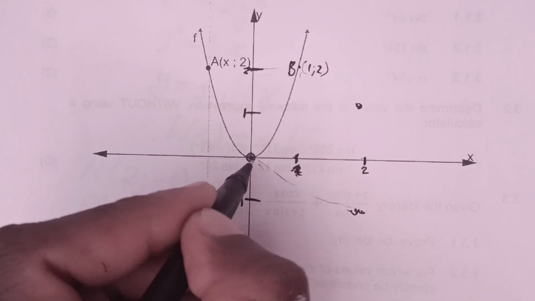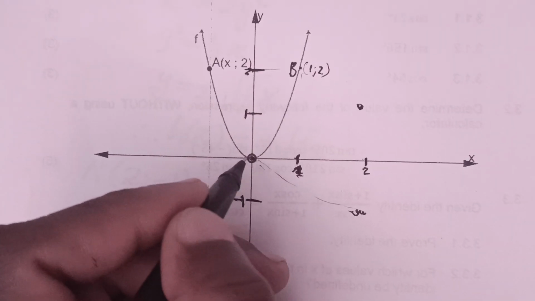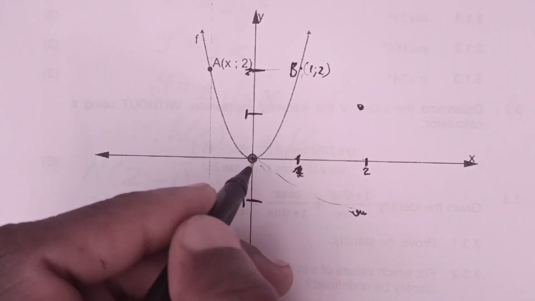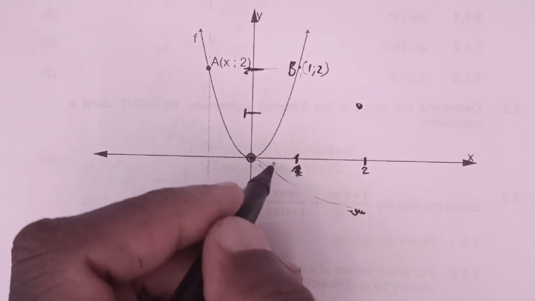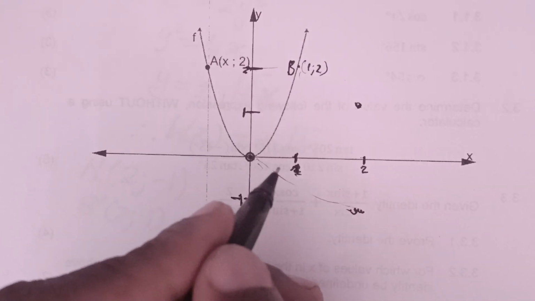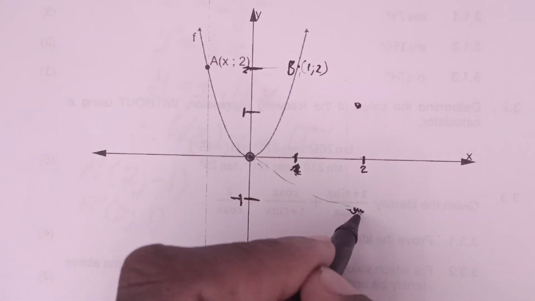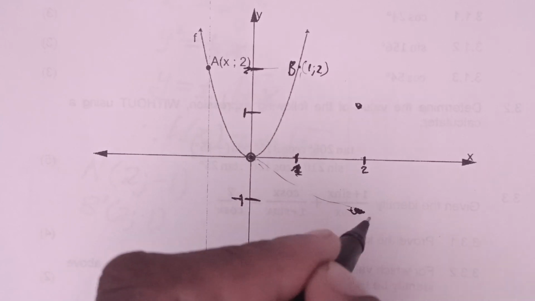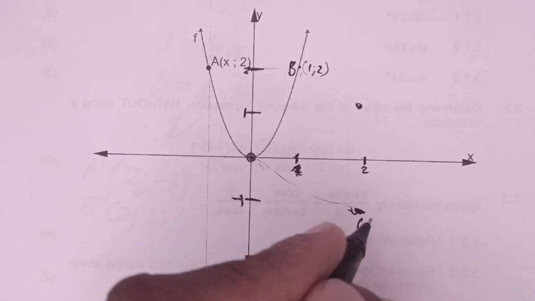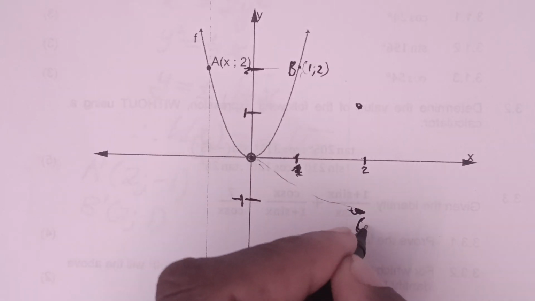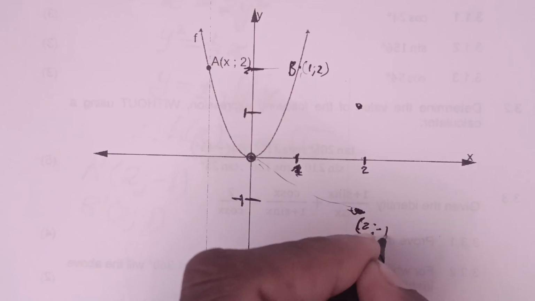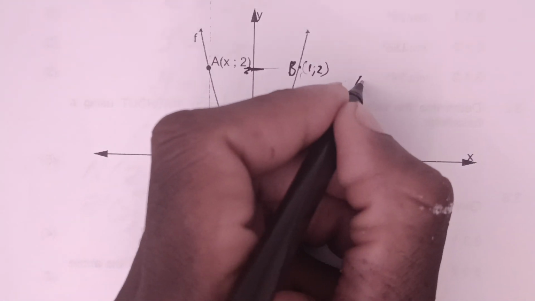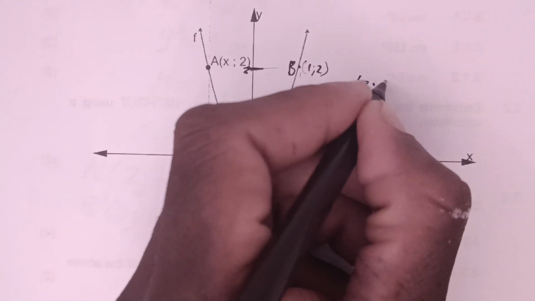Of course, the origin is going to be there because whatever was x becomes y, whatever was y becomes x. So 0 map 0 becomes 0 map 0. Then from there, this point is 2 map -1, and that point is 2 map 1.